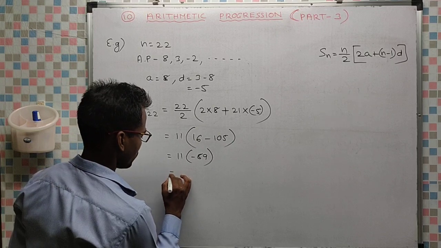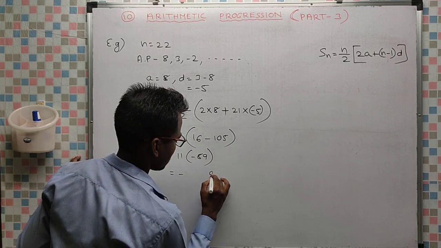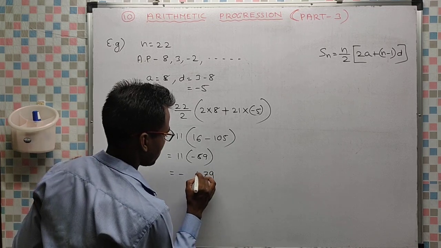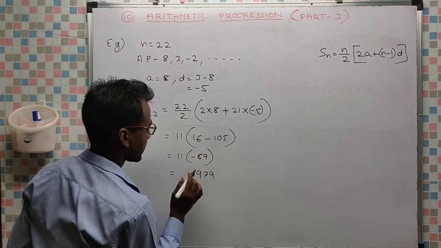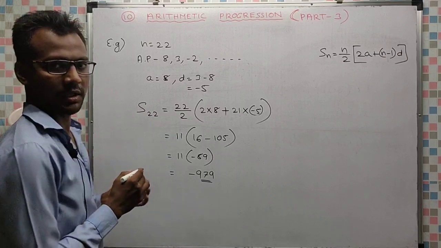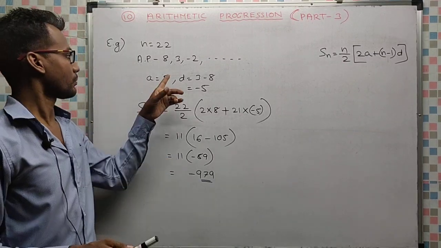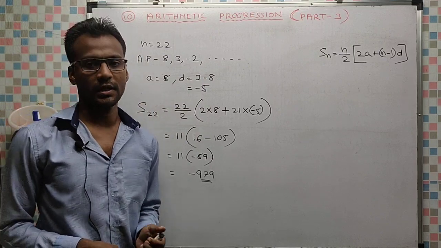So 11 into minus 89 is equal to minus 979. So the sum of the first 22 terms of this AP is minus 979.